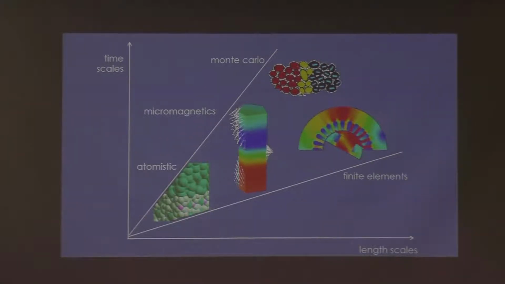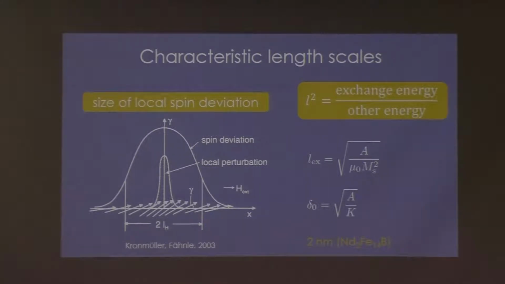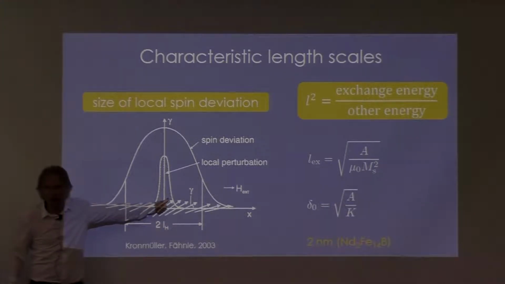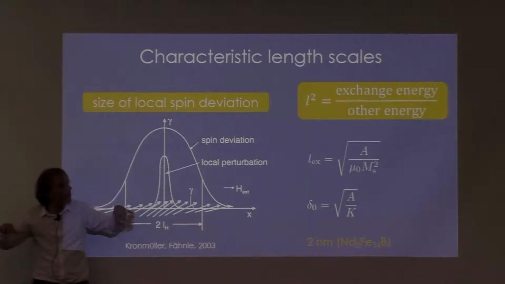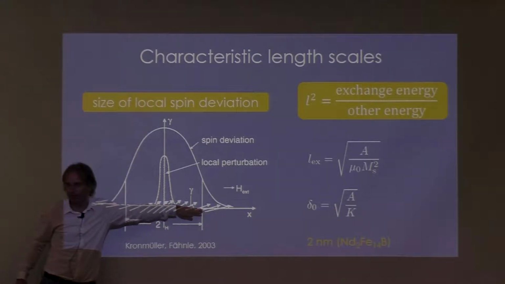Let's go back to the length scales and look at the length scales that are imposed in magnetic materials by their intrinsic magnetic properties. The plot on the left-hand side was taken from Kronmüller's book, and he showed what happens if I force my magnetic moments to rotate out locally, if I have a local perturbation which is fixed, and how this perturbation spreads into a spin deviation.